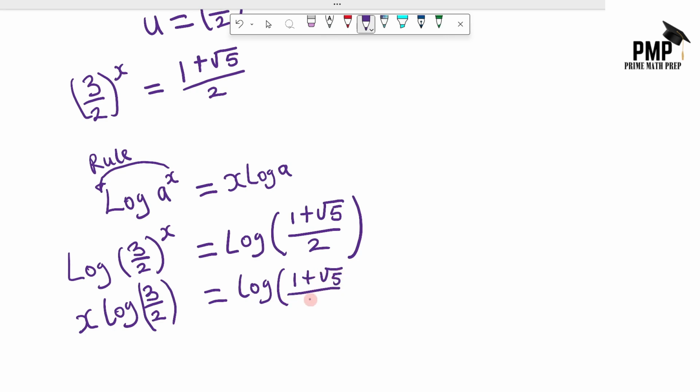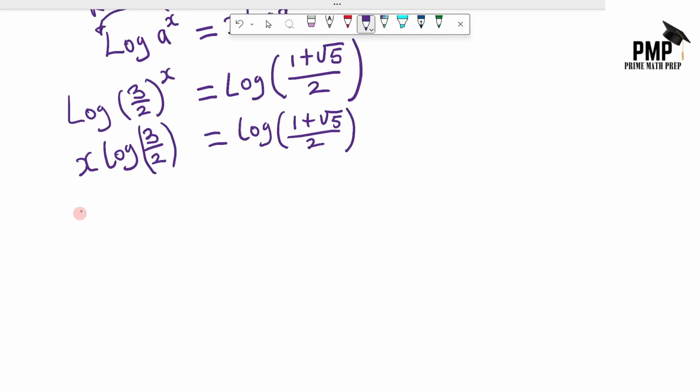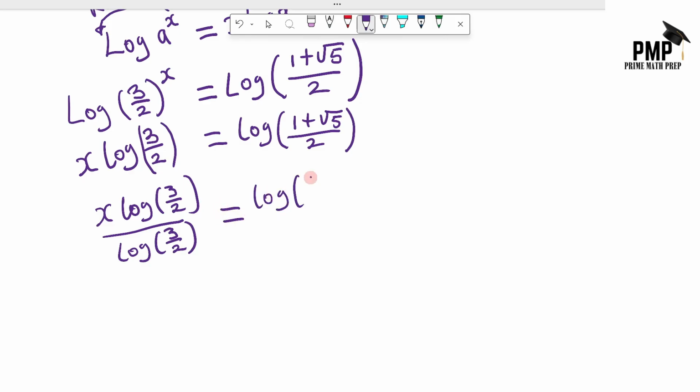We need to isolate this x. We'll divide both sides by log (3/2) in order to isolate the x. This will now become x log (3/2) divided by log (3/2) equal to log (1 + √5)/2 divided by log (3/2).